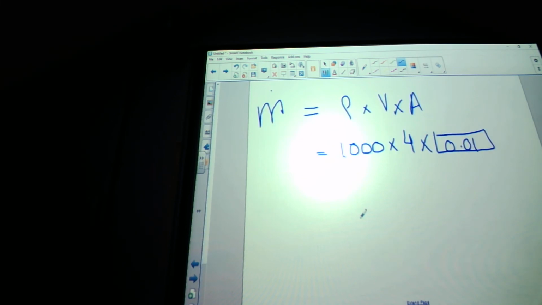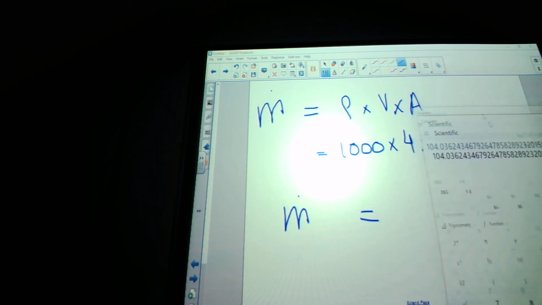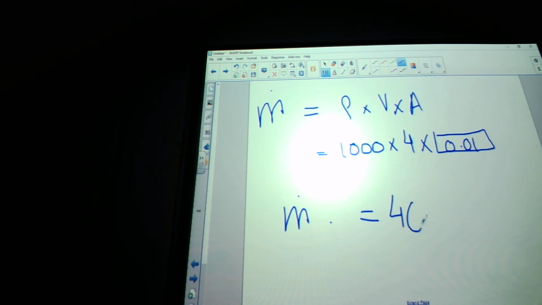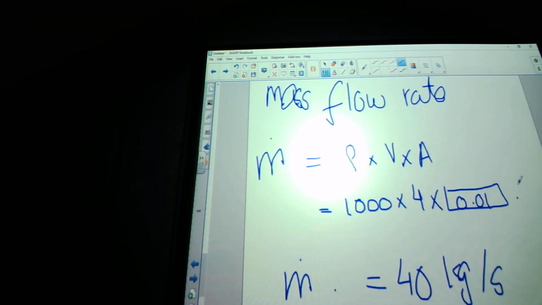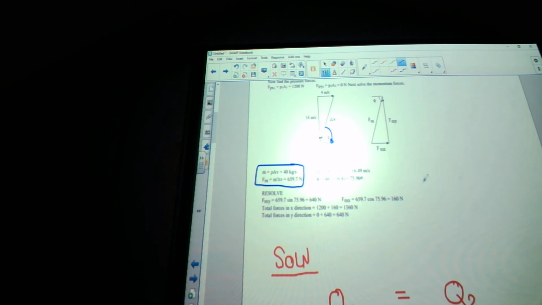And that will give you the mass flow rate. 4000 multiplied by 0.01, so that's 40. Obviously units are mass per second, so that's the mass flow rate. Now we got the mass flow rate. After we find out the mass flow rate, it's nearly done.